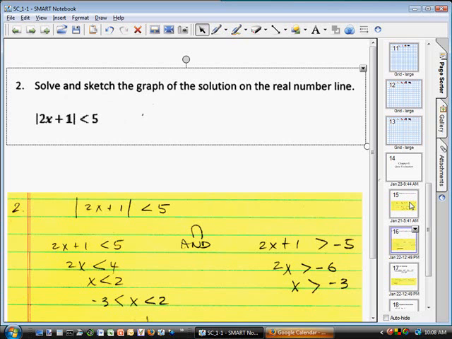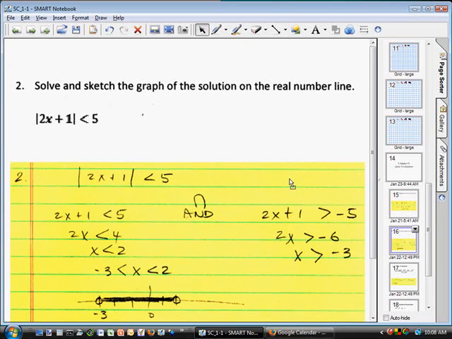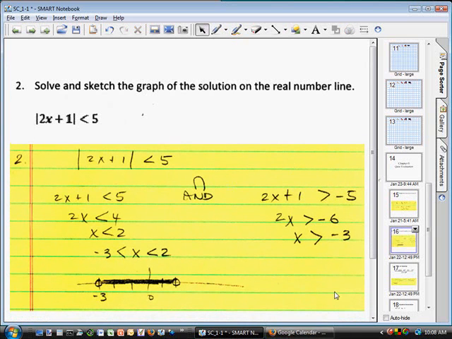Solve both sides. X is less than 2. X is greater than negative 3. The fact that where those overlap is the answer gives you, and I guess I think the graph is lower. I got to scroll down. I think it's on there, isn't it? Yeah, I should have just lifted this up a bit.